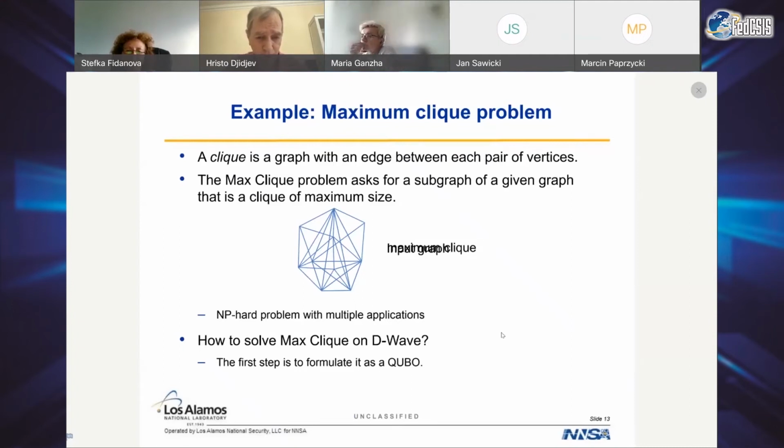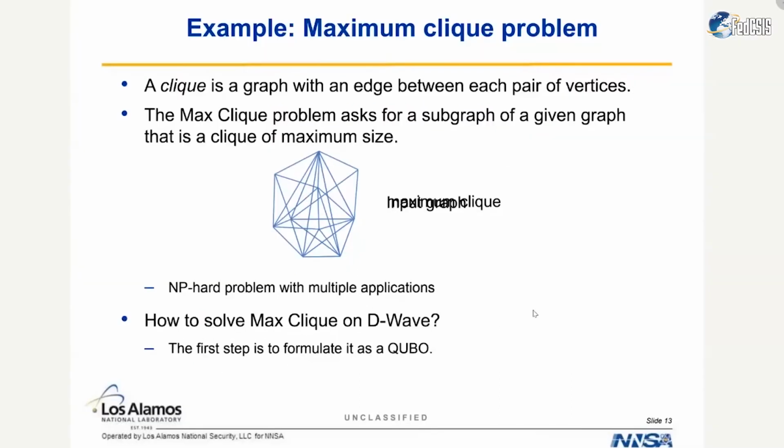A clique of size 2 will be any edge of the graph. And a clique of size 3 is any triangle in the graph, and so on. Okay, so it's an NP-hard problem. Actually one of the first NP-hard problems, one of the original 21 Karp's NP-hard problems. And it has multiple applications.